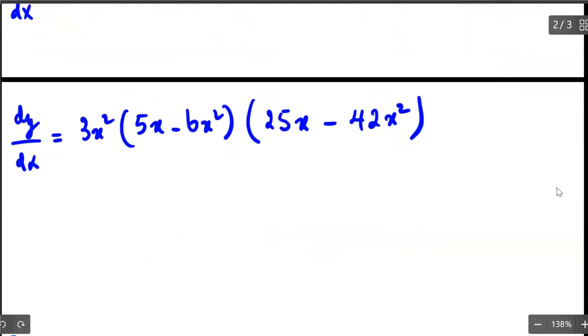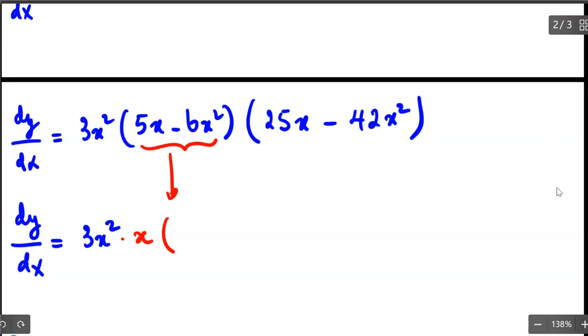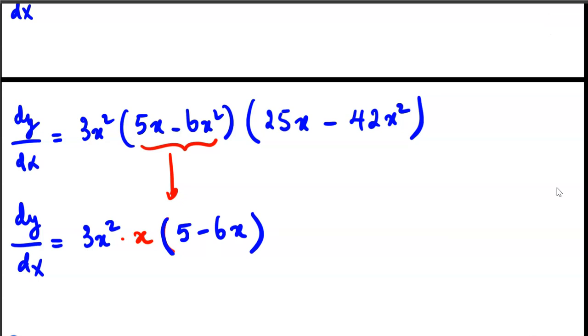I need to simplify further here because I can see that inside this bracket, I can take out the x. So I can have x here, and inside the bracket, I am left with 5 minus 6x. And for this one, I can take out the x as well.